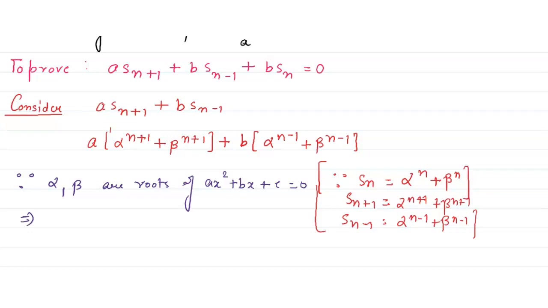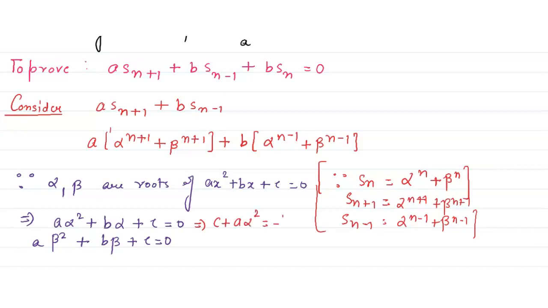So we can write a alpha square plus b alpha plus c is equal to 0, and a beta square plus b beta plus c is equal to 0, and we can find from here the value of c plus a alpha square is equal to minus b alpha, and the value of c plus a beta square is equal to minus b beta. We will use this also, right?